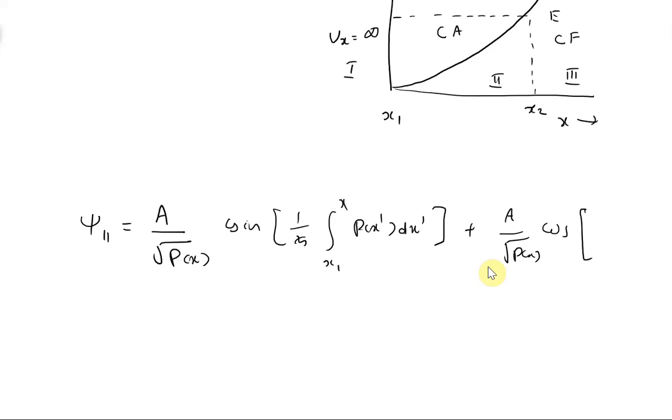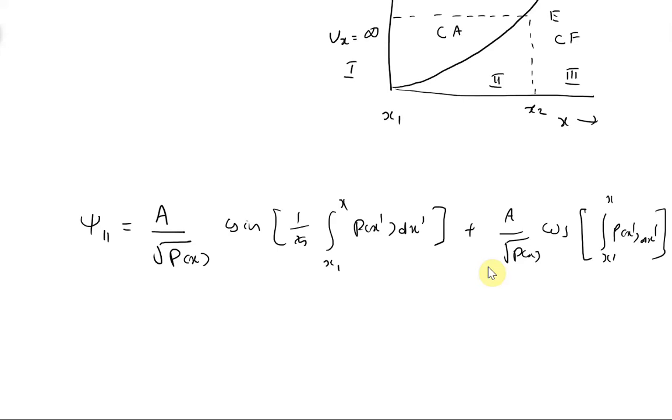That's a complete general formula, with the integral from x1 to x of p of x prime dx prime. Okay, so this is a complete formula for my wave function.